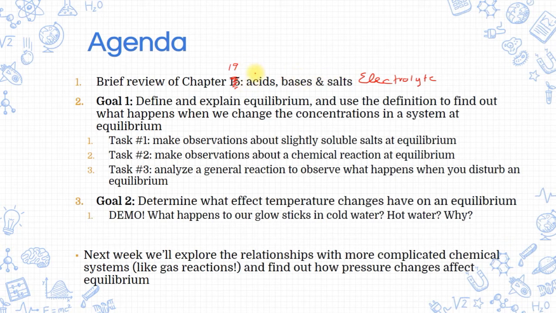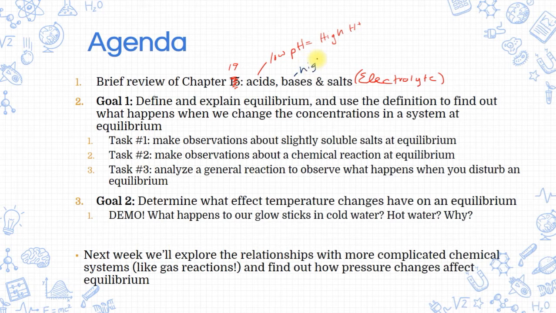These three types of chemicals are all electrolytes: acids, bases, and salts. Just briefly, remember that acids have a low pH, which means high H+ concentration, and bases are exactly the opposite. We also know that acids taste sour and bases taste bitter.